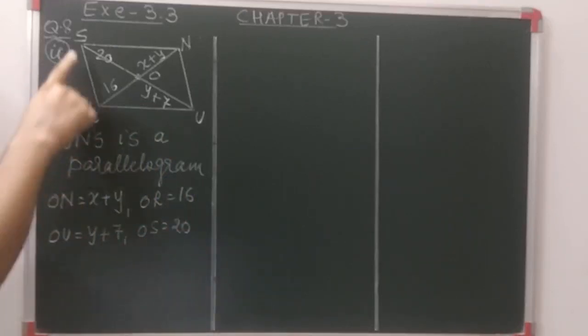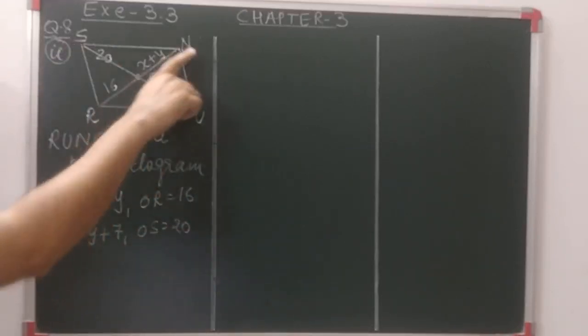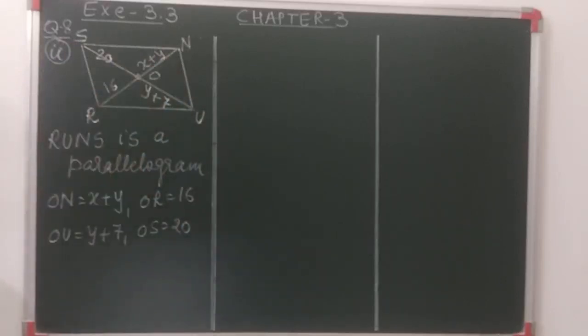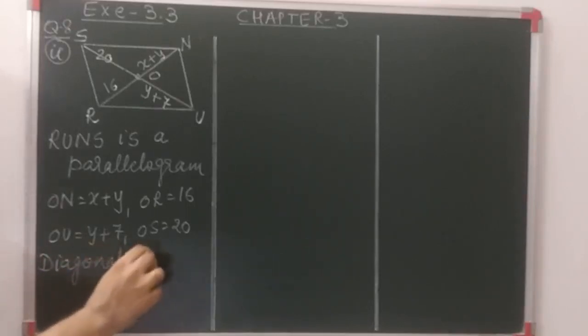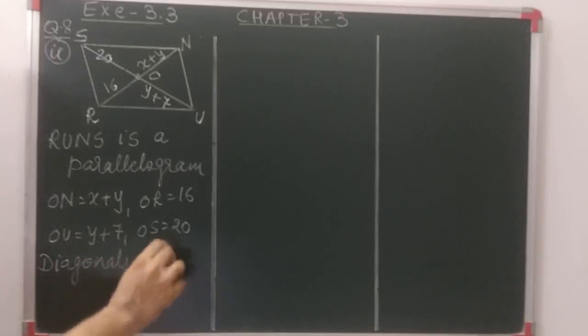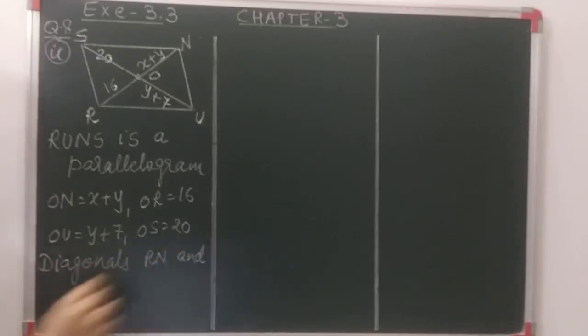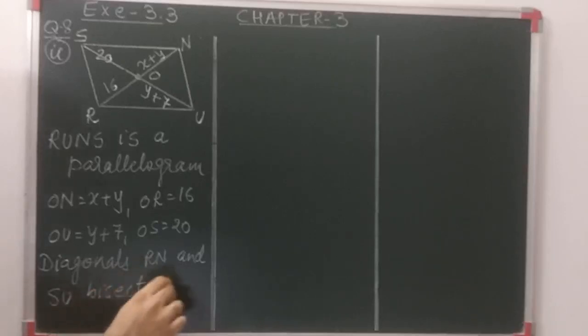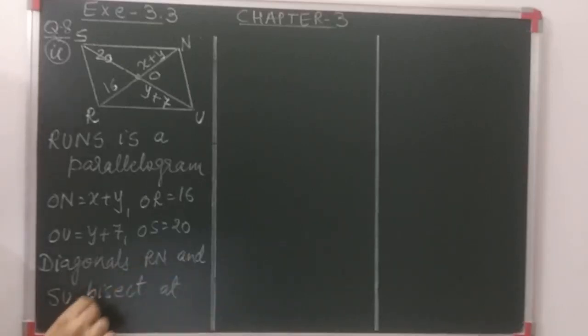So you can see that basically SU and RN are the diagonals. So we have to use the property of diagonals. We can say that diagonals bisect each other. So diagonals RN and SU bisect at point O. Bisect each other.